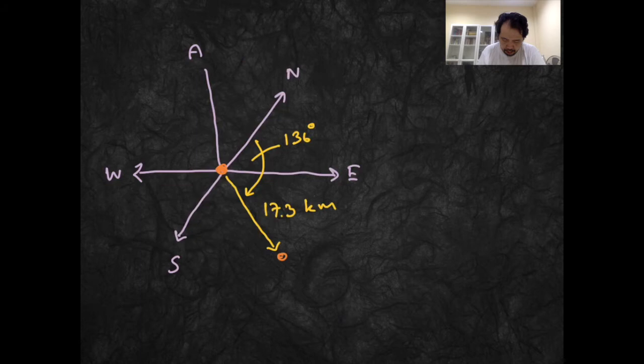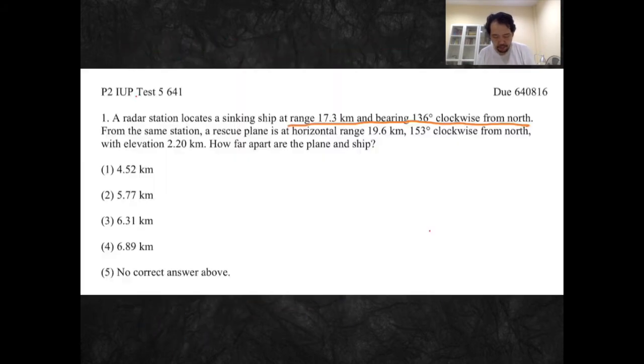Okay, so this is 2.2 kilometer, and the position vector points at horizontal range 19.6 kilometer and 153 degree clockwise.